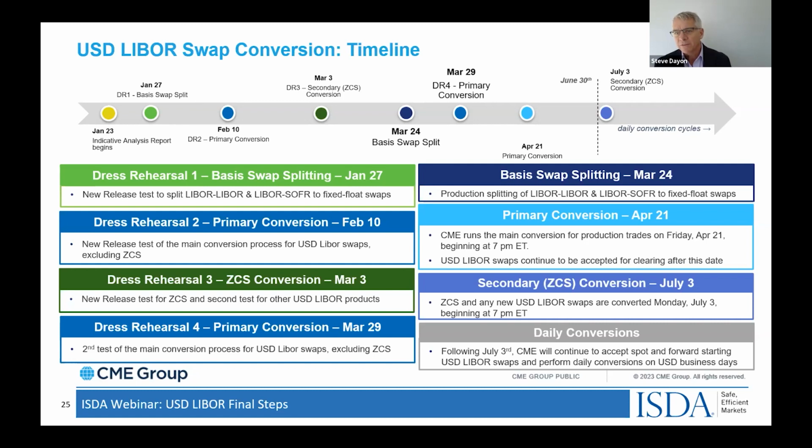And this is the point that CME will start running daily conversions. Phil hinted at this as well. If you have a swaption expiry that is set to physically settle, CME will continue to support LIBOR trades submitted for clearing, provided that they are spot or forward starting, and that will be part of a daily conversion run that will start on July 3rd.